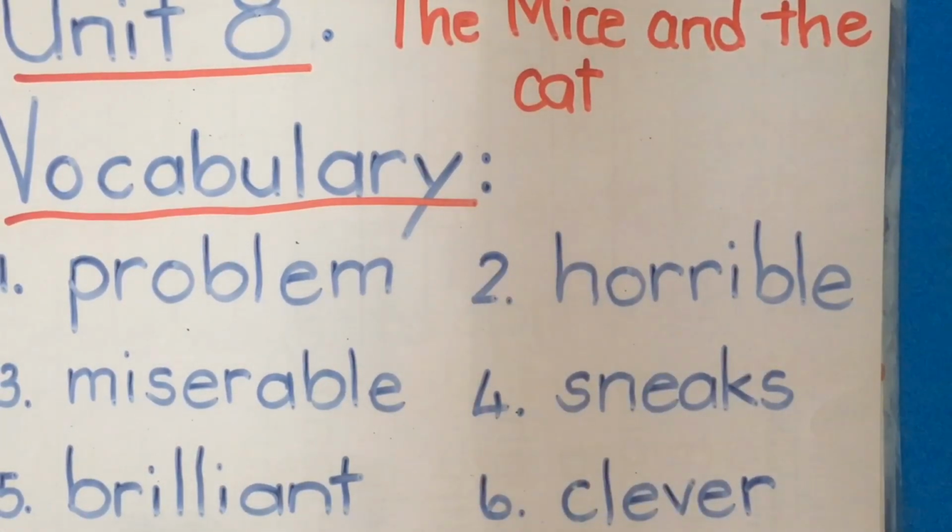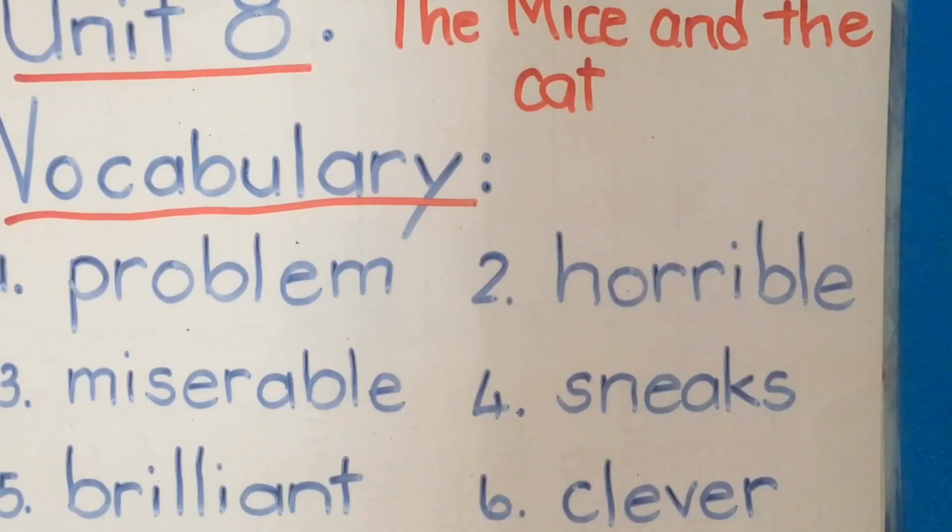What is horrible? Horrible is extremely bad, unpleasant. For example, you can make a horrible mistake, something bad, right? Or, the food's horrible. It's unpleasant, it doesn't taste good, right?